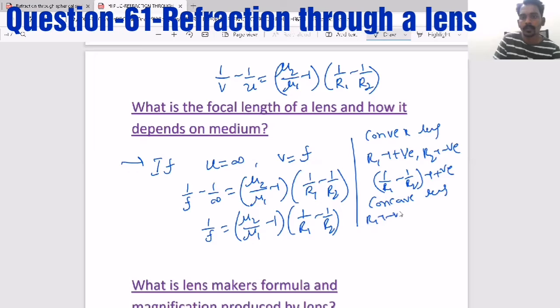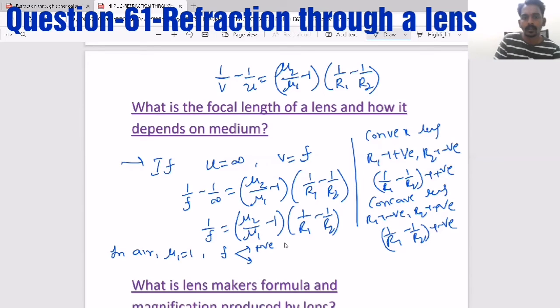That is, R1 will become negative, R2 will become positive, so that 1 by R1 minus 1 by R2 will become negative. So in air, that is mu1 equal to 1, focal length is positive for a convex lens and negative for a concave lens.